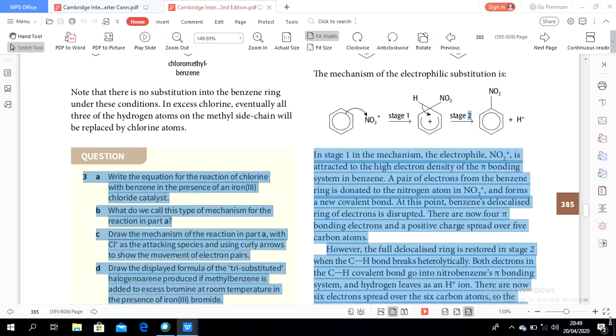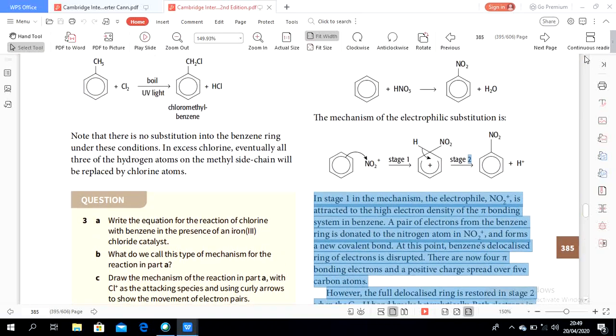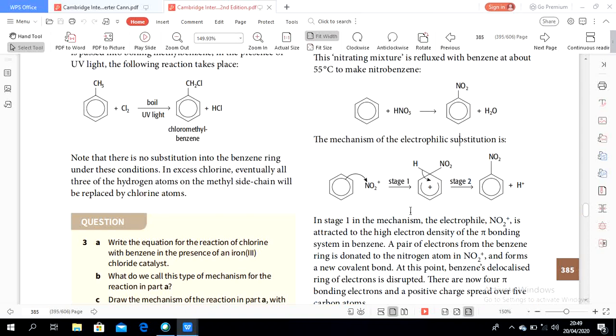And then this is the simplified version of the intermediate process. So NO2 is similar to the previous textbook, and then there is hydrogen taken, and then this is reformed. Let's see the explanation.